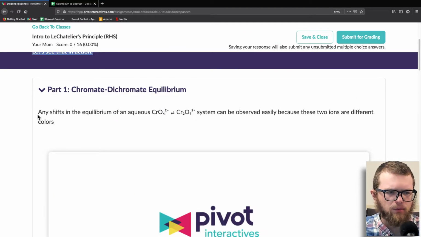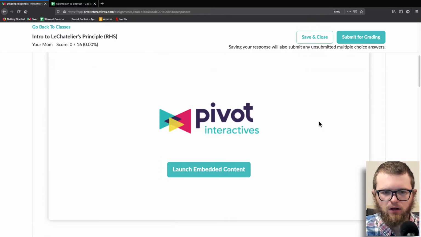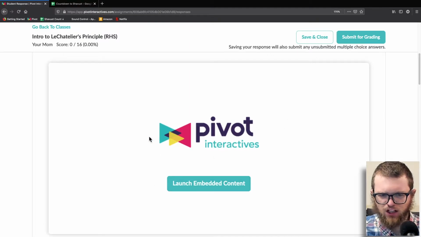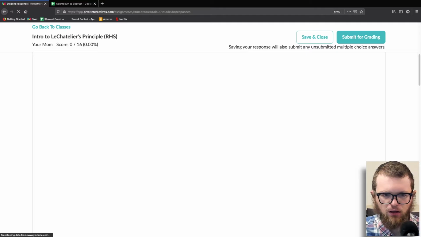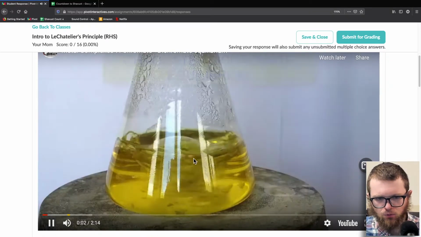So part 1, any shifts in the equilibrium of an aqueous chromate in equilibrium with dichromate system can be observed easily because the two ions are different colors. And here it just says Pivot Interactives and then launch embedded content. What this does is it brings up a YouTube video that shows someone, in this short video, running a reaction.